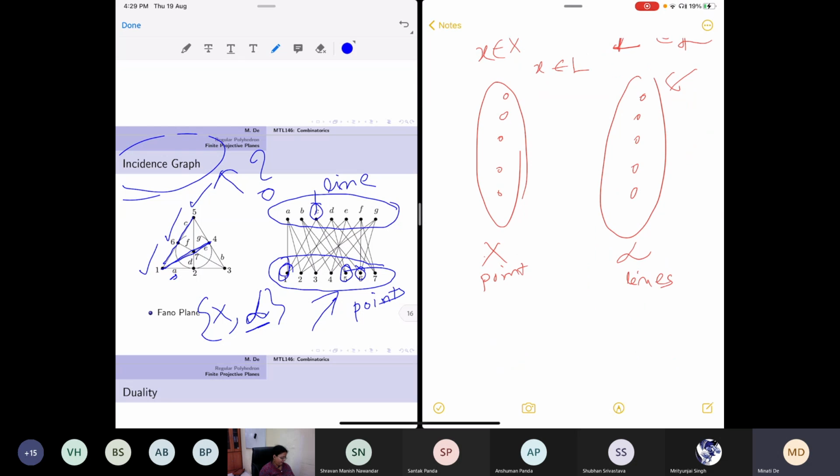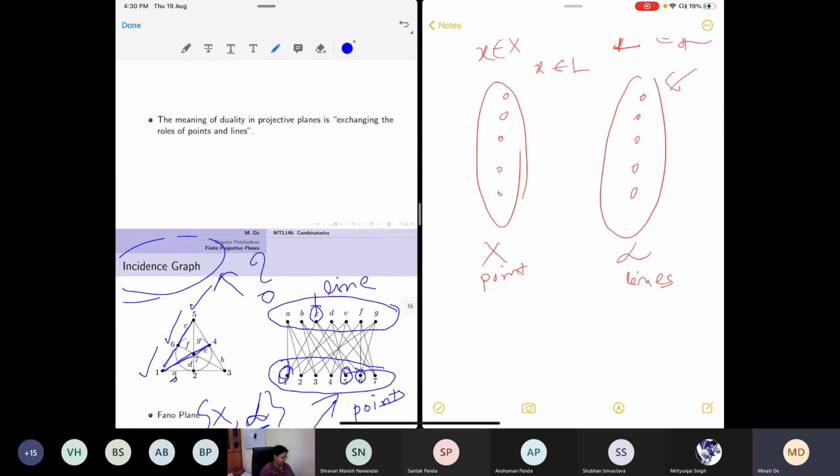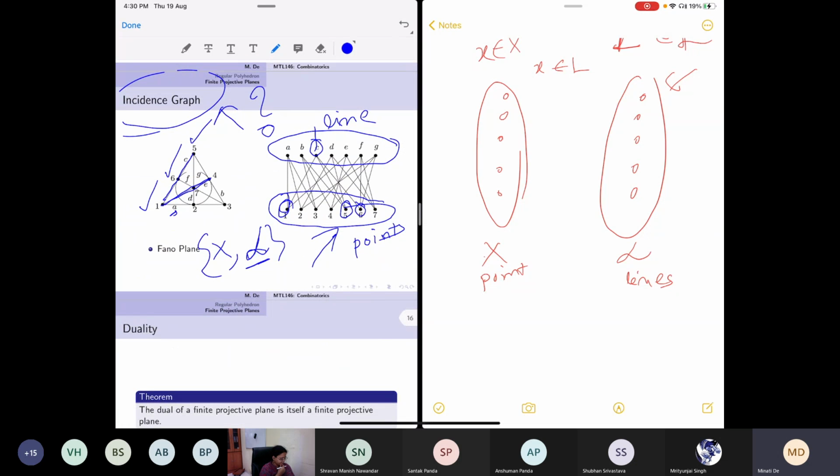Okay. Now, what is duality? The meaning of duality is something like this. My incidence graph remains the same. Now I am referring to the set which was earlier the points as my new lines, and the original lines I had earlier, for that set I am telling them that these are my points.